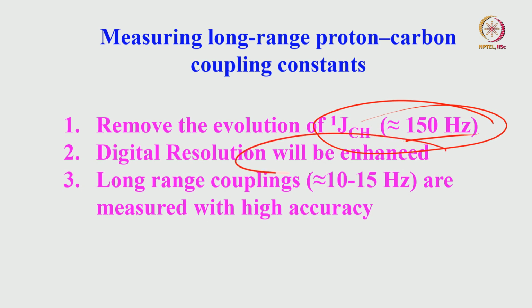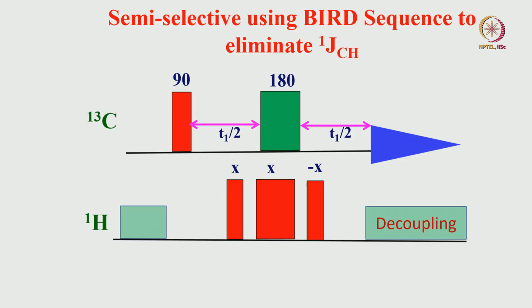The digital resolution becomes better. Digital resolution gets enhanced. So, as a consequence, long range coupling of the order of 10 to 15 hertz, you can measure precisely with very high accuracy. But we have to design an experiment for that, and this is an experiment for that.